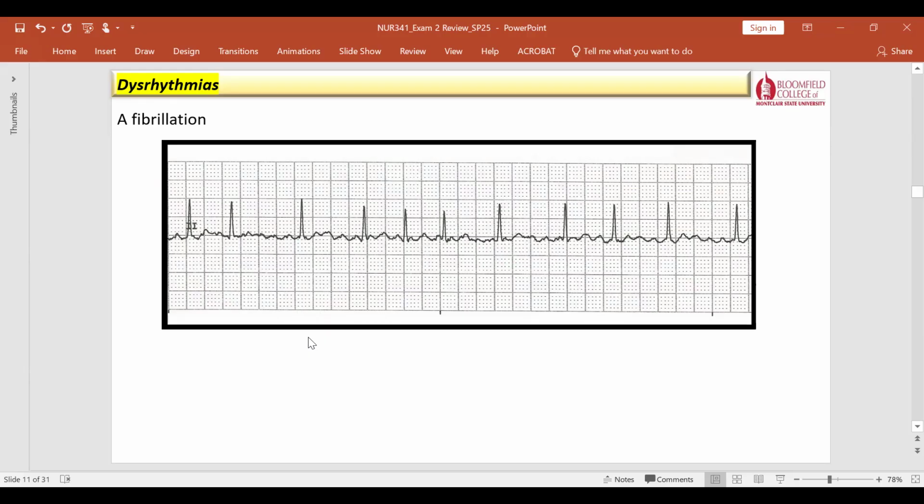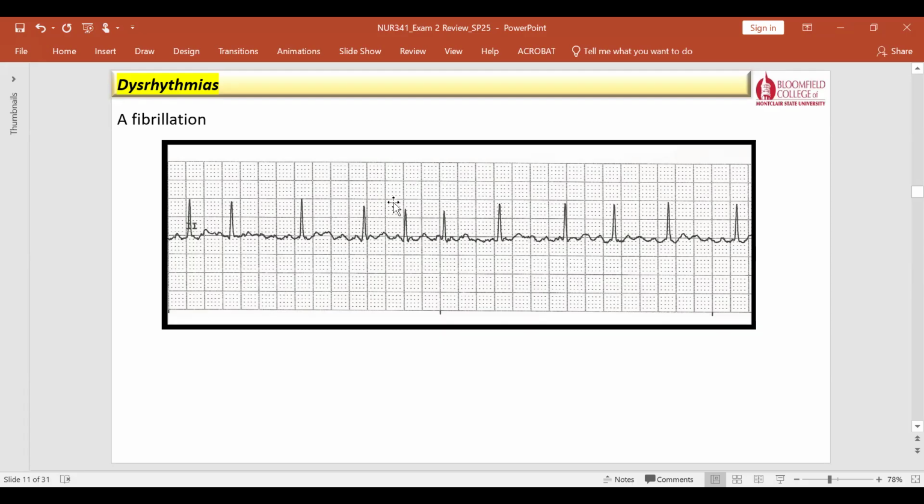Remember that the range of normal heart rate is 60 to 100. If we say how many boxes, we will say 300 over 5. So it should be 5 large boxes to be 60. The heart rate is 60, supposed to be 5 large boxes.